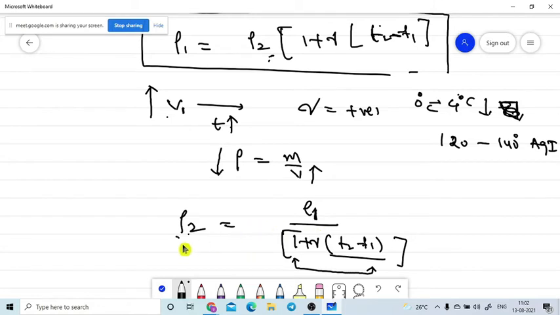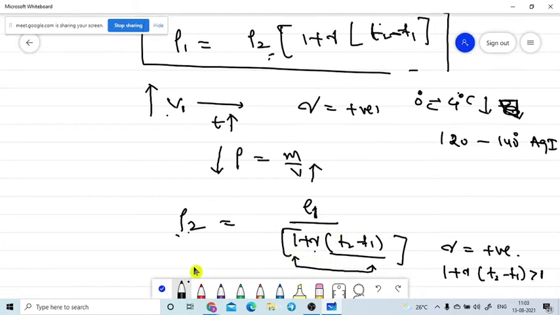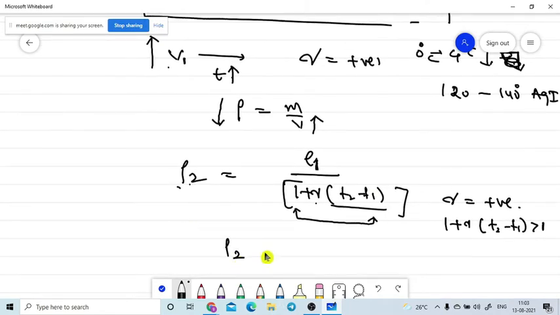So once again I am repeating. If gamma is a positive value, then the denominator term 1 plus gamma into T2 minus T1 will be greater than 1. If this total term is greater than 1, then rho 2 will be lesser than rho 1.